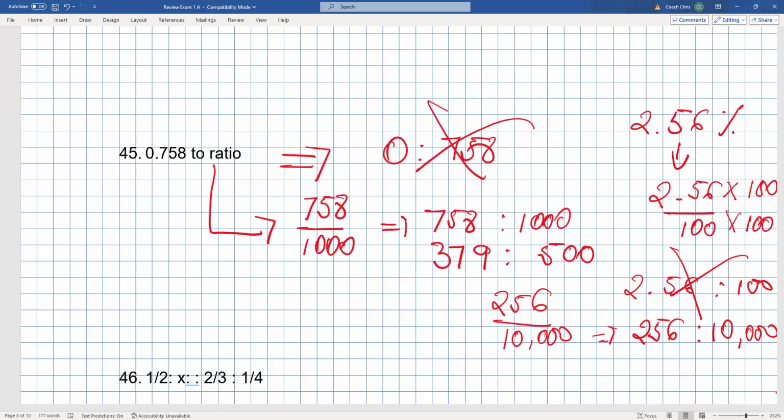This is how you're going to keep simplifying. If I got 256, simplify that by 2, I got 128. The other way, you will have 5,000. Simplify that again by 2, where you got 64. So now I got 64.